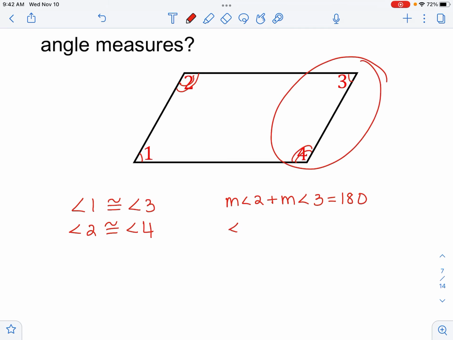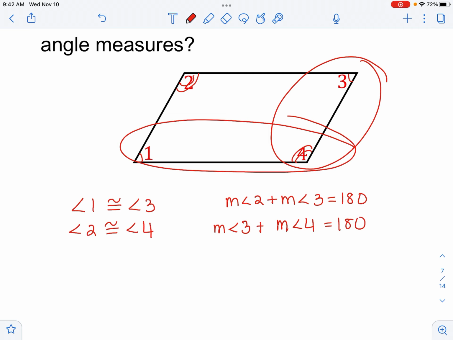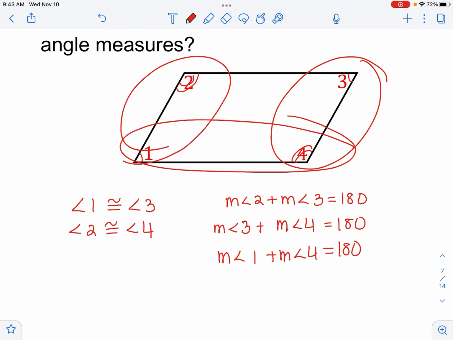So the measure of angle 3 plus the measure of angle 4 is equal to 180. These two are supplementary. The measure of angle 1 plus the measure of angle 4 is equal to 180. And finally, these two are supplementary. The measure of angle 2 plus the measure of angle 1 is equal to 180.